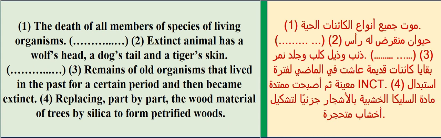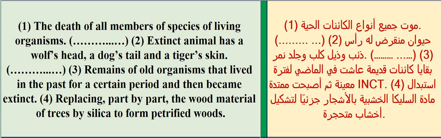Write the scientific term for each of the following statements. 1. The death of all members of species of living organisms. 2. Extinct animal has a wolf's head, a dog's tail and a tiger's skin. 3.